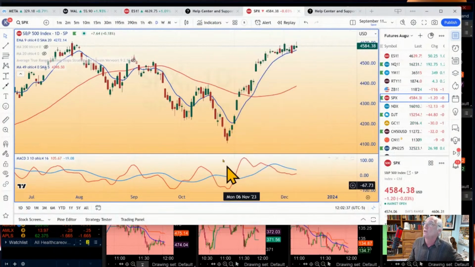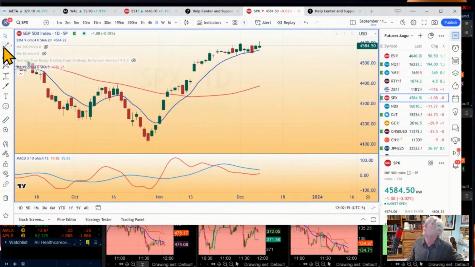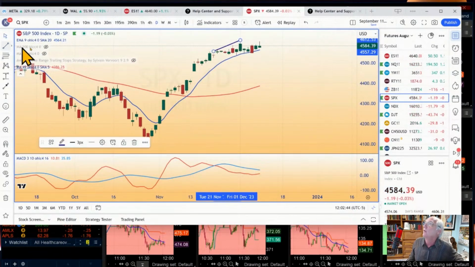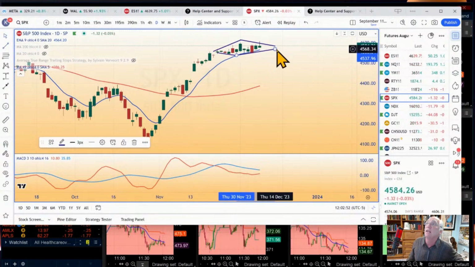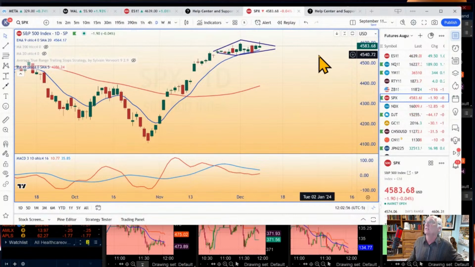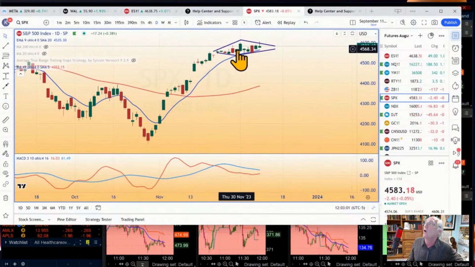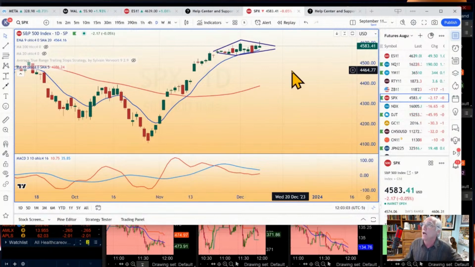I'm going to take off all the drawings. You see how it's forming somewhat of a diamond formation. Now, diamond formation is my least reliable chart. I just show it can be a consolidation, it can be a top, but I'm showing that only because I wanted to show Apple.